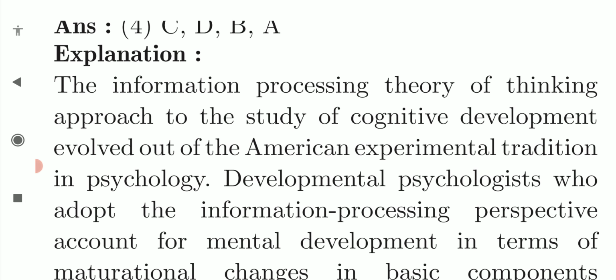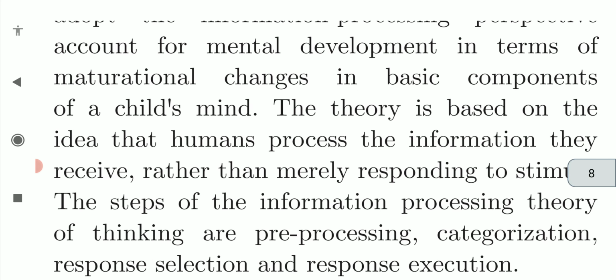So that would be the correct sequence of those steps. The information processing theory of thinking, an approach to the study of cognitive development, evolved out of the American experimental tradition in psychology. Developmental psychologists who adopt the information processing perspective account for mental development in terms of maturational changes in basic components of a child's mind.